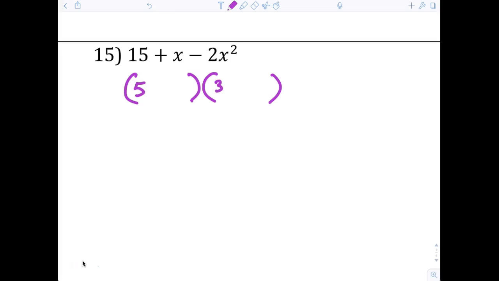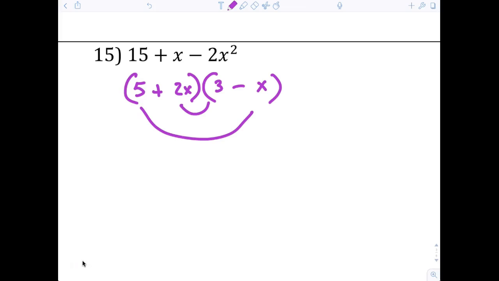Now, the factors of 2x squared. 2x and x. Now, it doesn't matter where we put them, so we're just going to see 2x and x. Now I just do the smiley face. How much is this? 6. And this is, so I want that 3 minus x. That's exactly right. Plus and minus. Exactly correct.